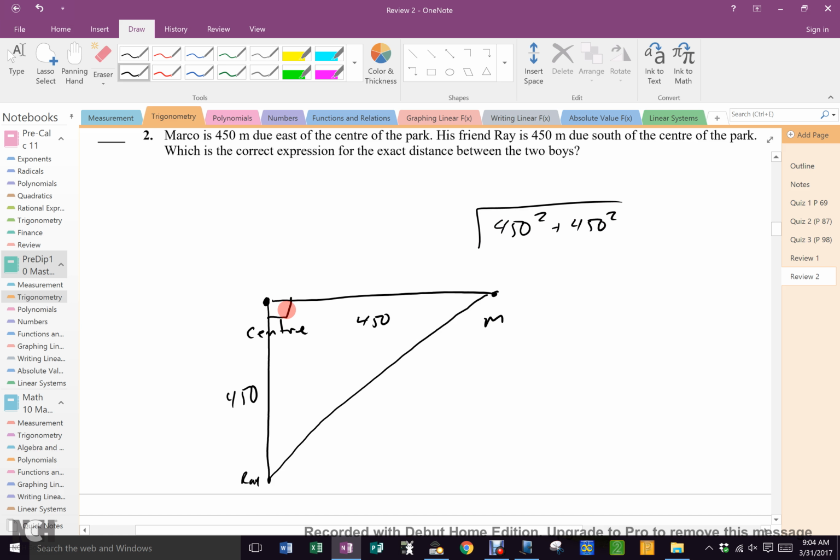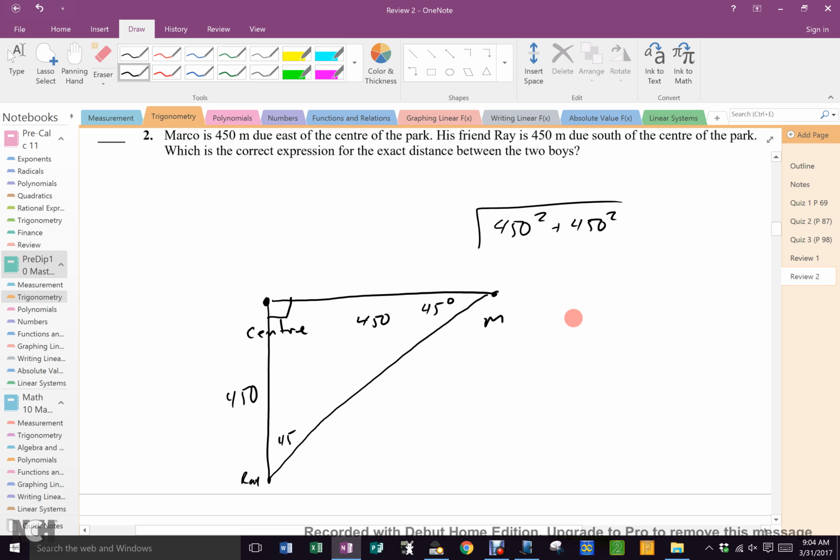If this is 90, then what's this? 45. Then what's this? 45. Could I use tan of 45? Tan is the only one I can't use because I want a hypotenuse. Can I use sine of 45? Can I use cos of 45? Yes.